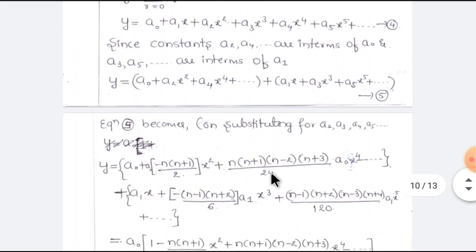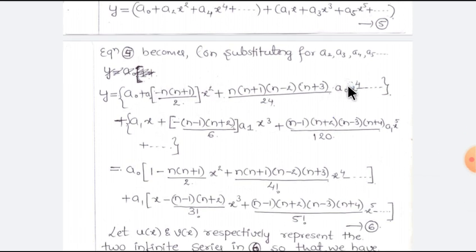This is the first part, the even part. Second is the odd part: a1 into x plus minus of n minus 1 into n plus 2 whole divided by 6 into a1 into x to the power 3 plus n minus 1, n plus 2, n minus 3, n plus 4 divided by 120 into a1 into x to the power 5. So in equation 5, substituting a2, a4 and a3, a5 values, we get this equation.